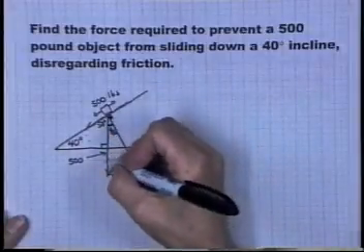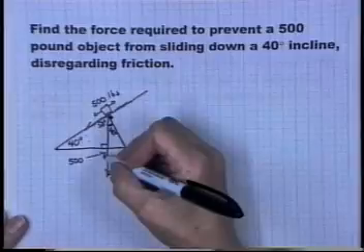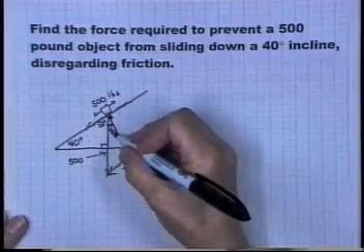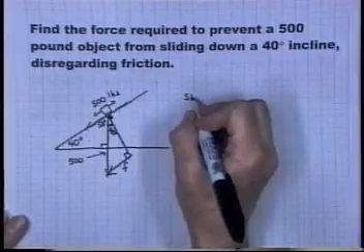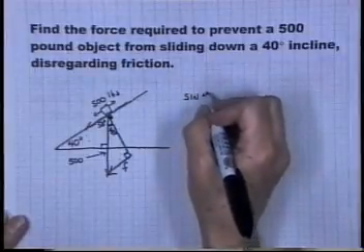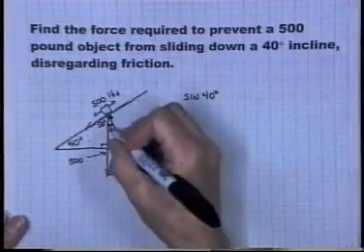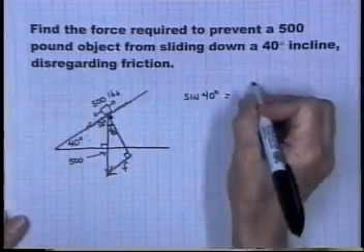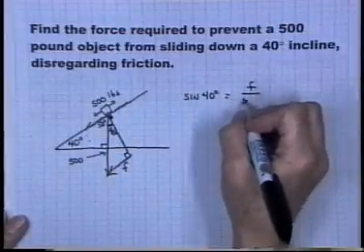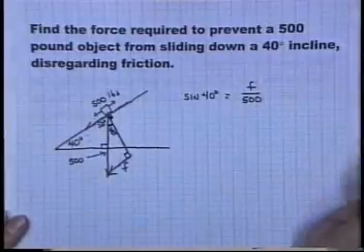I know the hypotenuse of this right triangle is 500, and I know this angle here is 40 degrees. The sine of an angle in a right triangle, so the sine of this 40-degree angle is the opposite side, which is F, divided by the hypotenuse, which is 500.